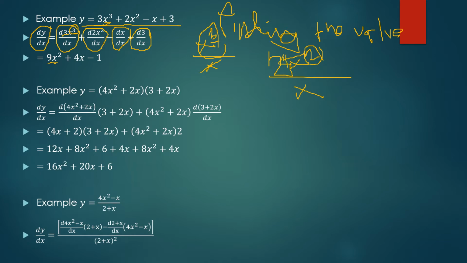Bring it down, which is 4. Next we divide x squared by x. That means we are again eliminating the denominator, since the numerator has the higher exponent.